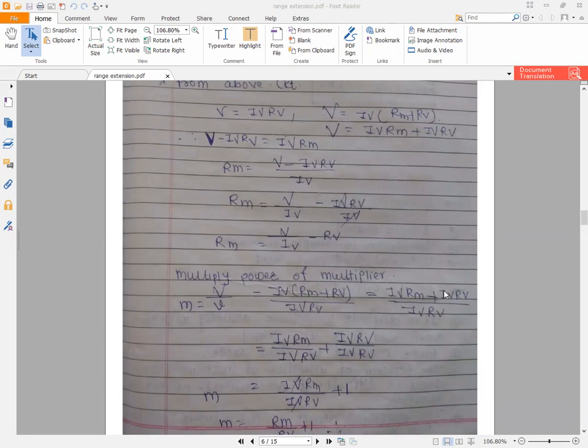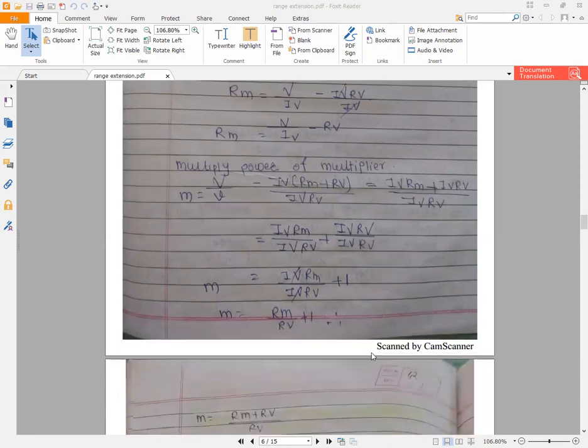So simplify it again. Iv into Rm plus Iv into Rv, divided by Iv Rv, as it is the same. Again, this Iv will divide to this one and this one, separate it for the division. So Iv Rm upon Iv Rv plus Iv Rv upon Iv Rv.